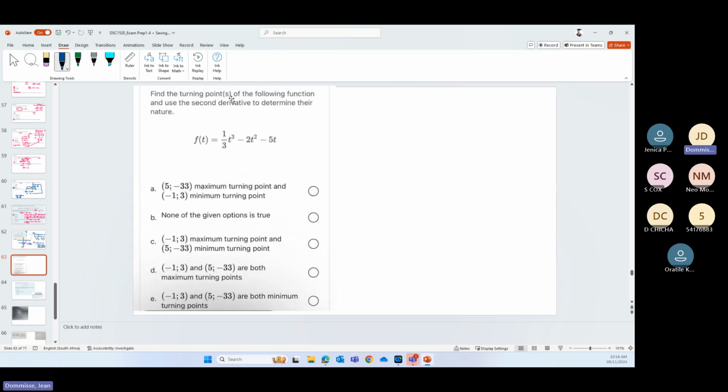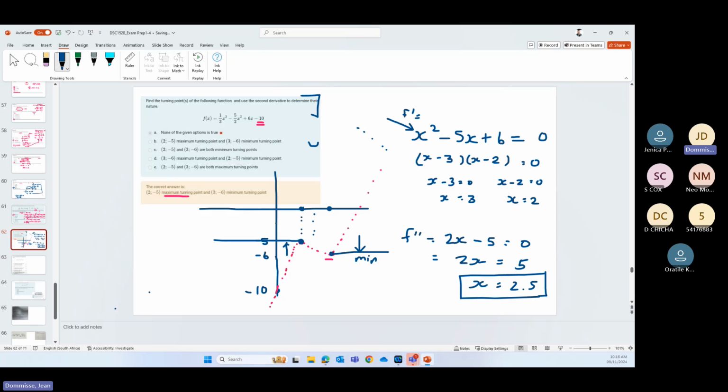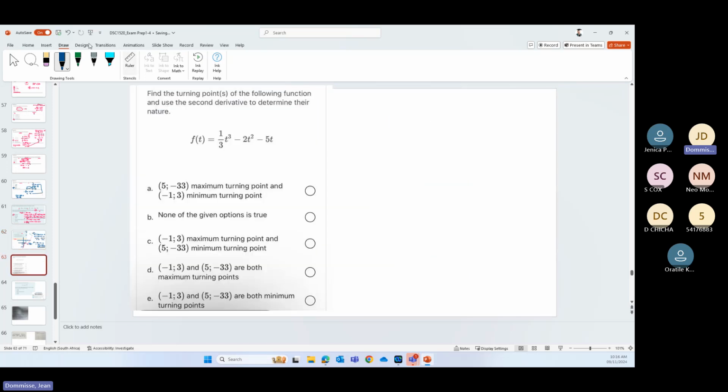Okay, so a very similar type of question: find the turning points and use the second derivative to determine their nature. So we can actually now test that theory if it is true.